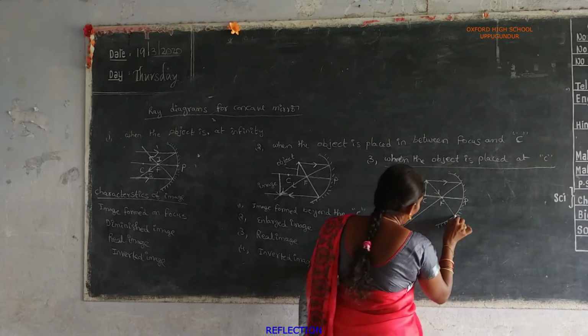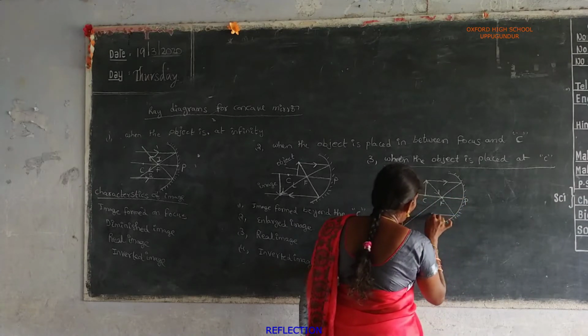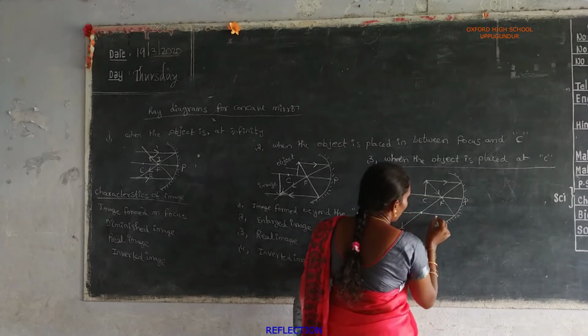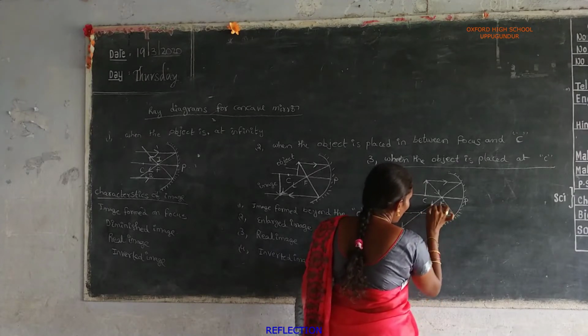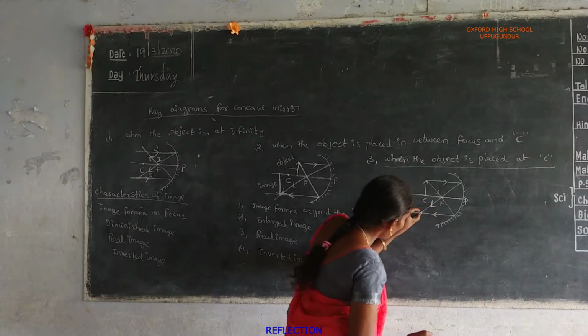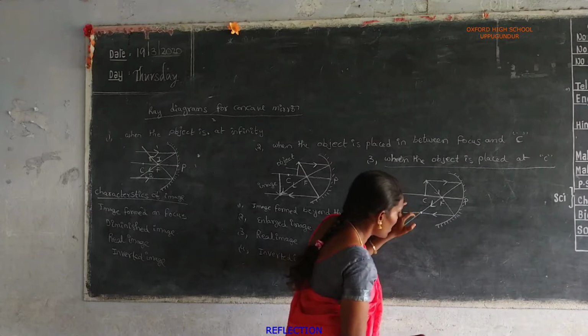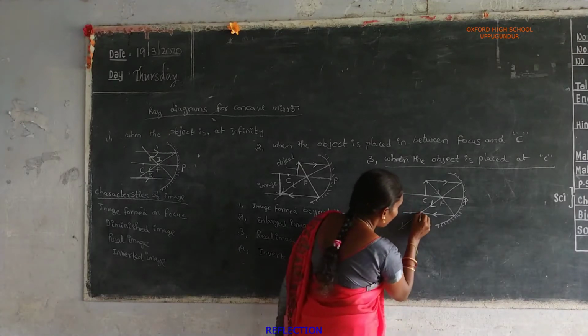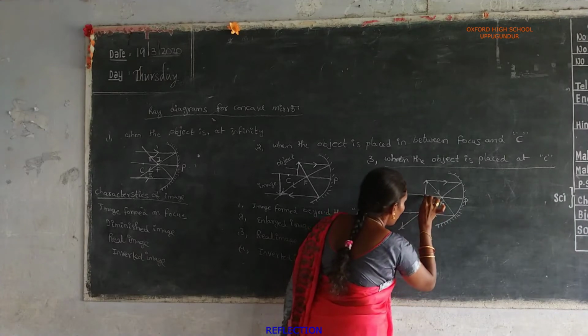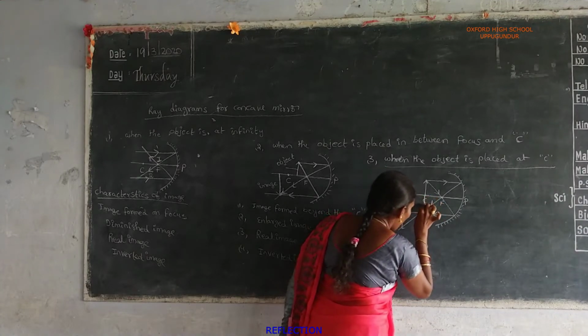After reflection, it will be parallel to the principal axis. This is the reflected ray and this is the reflected ray. These two reflected rays meet at a point. That point gives the image. Draw the line from this point to the principal axis.